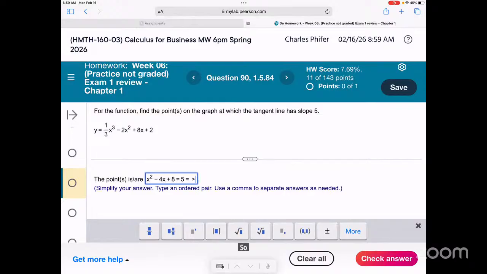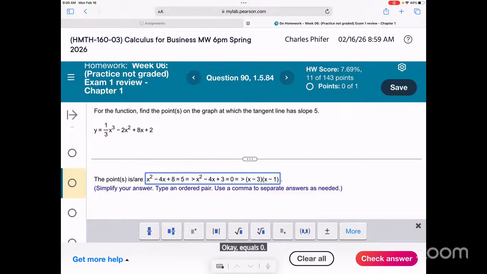So then we'll get x squared minus 4x plus 3 equals 0. Okay. So it looks like we can factor this. So x minus 3, x minus 1 equals 0.